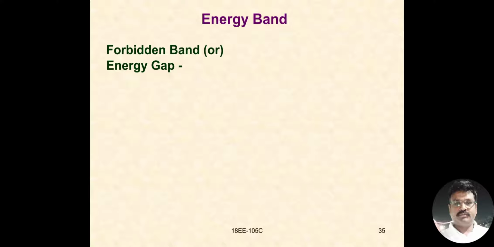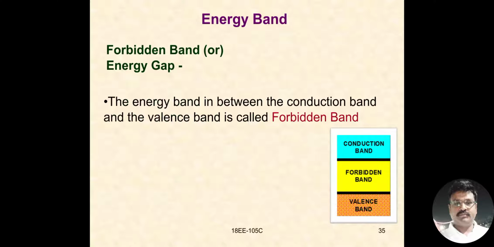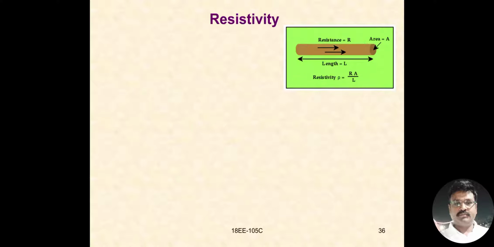Forbidden or energy gap. The energy band in between conduction band and valence band is called energy gap or forbidden gap. This energy gap plays an important role.